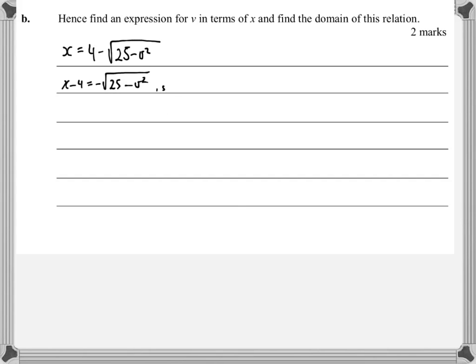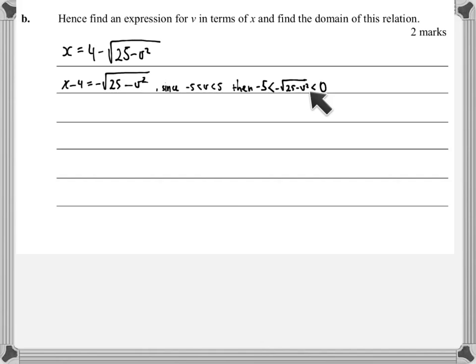Since v ranged, from the information in the question, from -5 to 5, what is the corresponding range on this right hand side, this function of v? So when v is -5 or when v is +5, if we put that in there and evaluate, what value would we get?